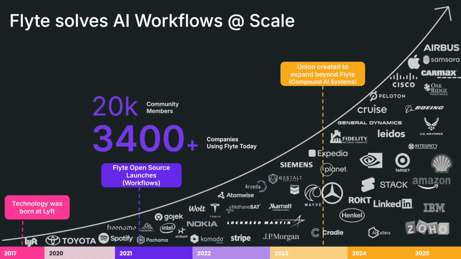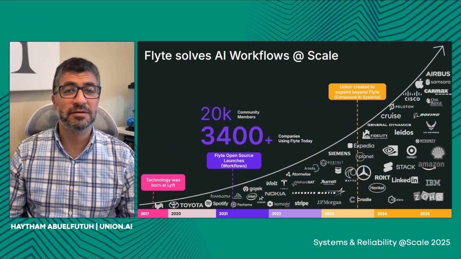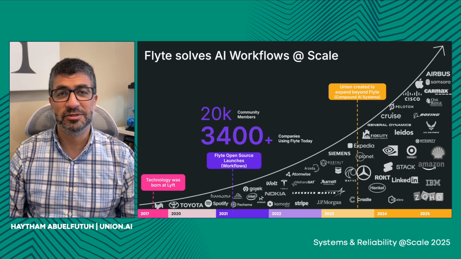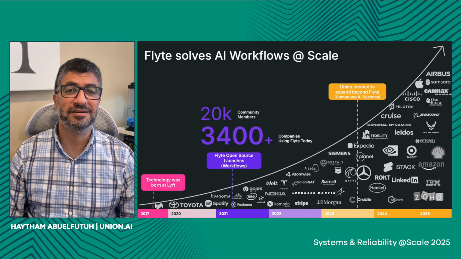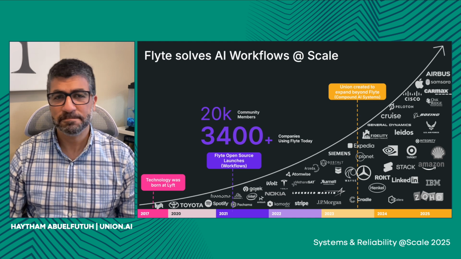I've been building distributed systems for so long now. I worked on the Flight open source project a few years ago when we were building it at Lyft, then open sourced it and worked with hundreds of open source companies that were using our product, and helped them ship production grade software, production grade distributed systems for AI, for data, for ML workflows, even for inference.